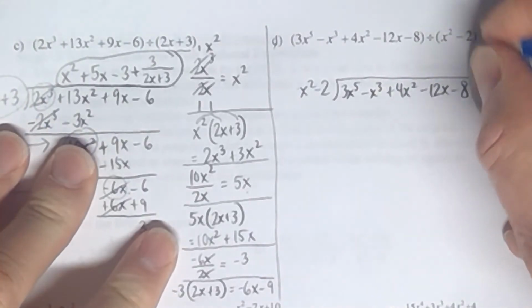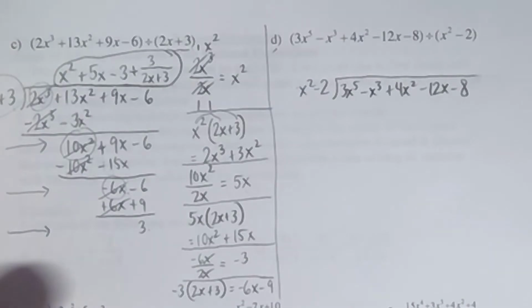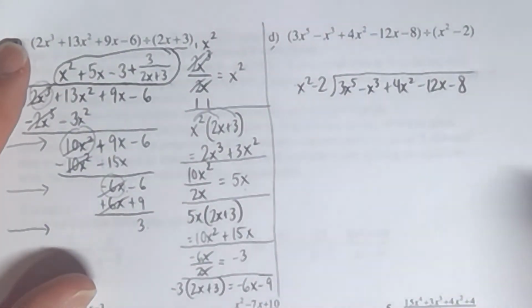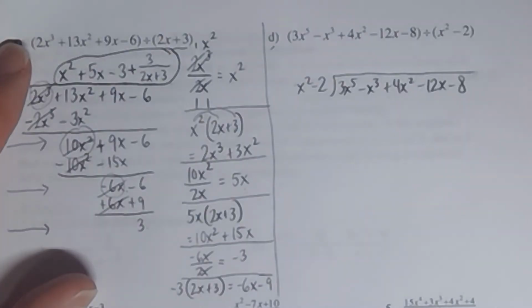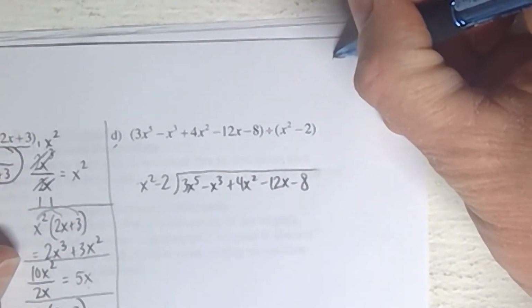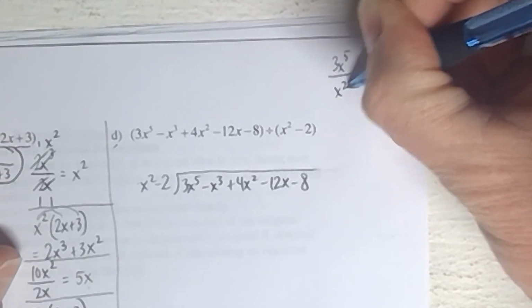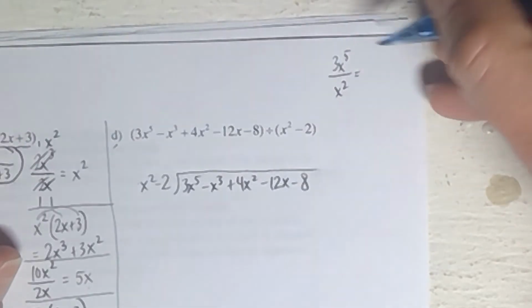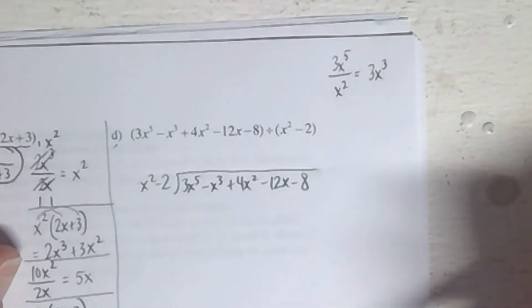Let's get the process started with the normal divide, multiply, subtract, that 3-part process that you continually repeat. What is 3x to the fifth divided by x squared? Let me write that down up here at the top so I have enough room. This is going to be 3x to the third.